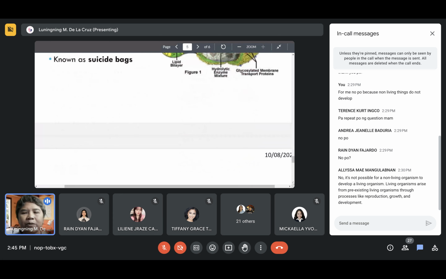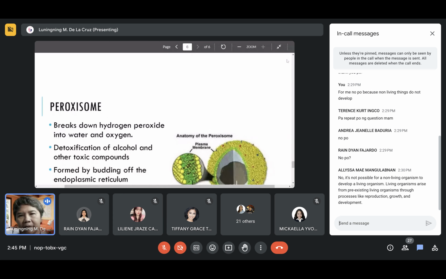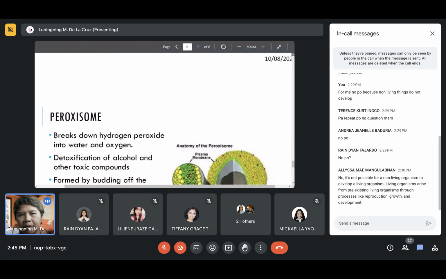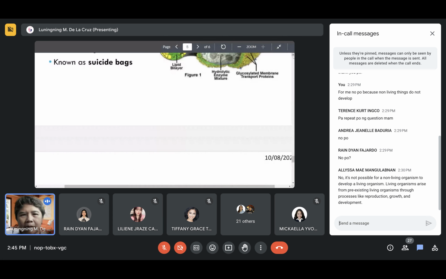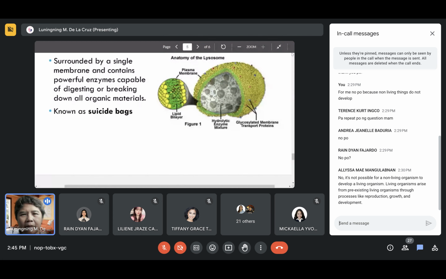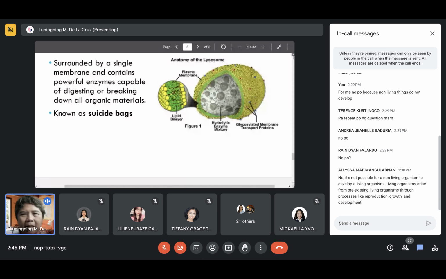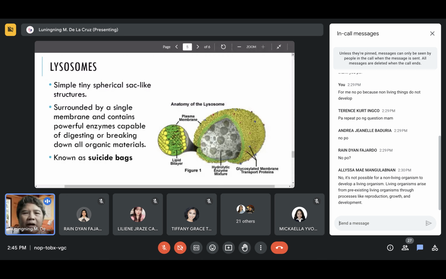Then lysosome, as I have said, is the digestive structure of the cell. It contains powerful enzymes capable of digesting or breaking down all organic material. It is also known as the suicide bag of the cell. Okay?